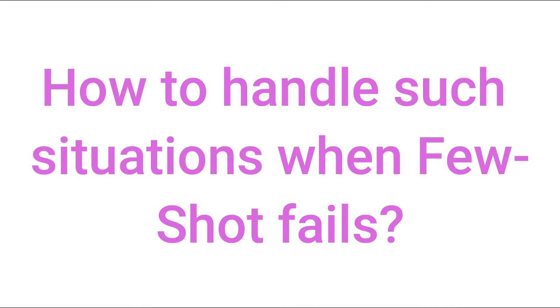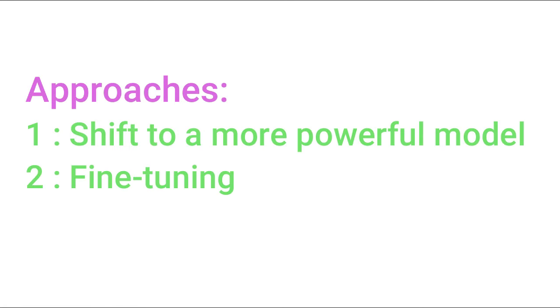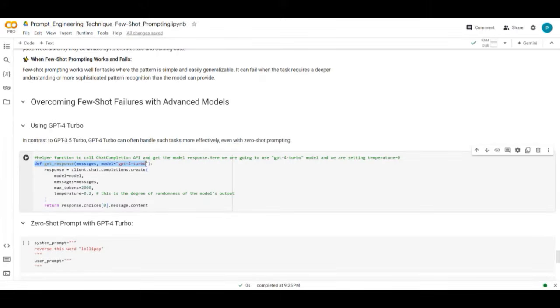Now, to fix such a problem or to deliver such use cases, one approach is to shift to a more sophisticated model or a better model. In this case, we were using GPT 3.5 Turbo. Let us try to change this model to GPT 4 Turbo and see the result. So in our helper function, we have now replaced the model with GPT-4 Turbo.